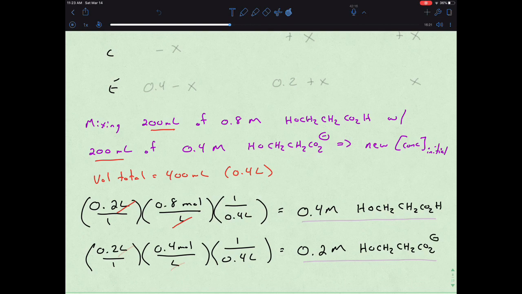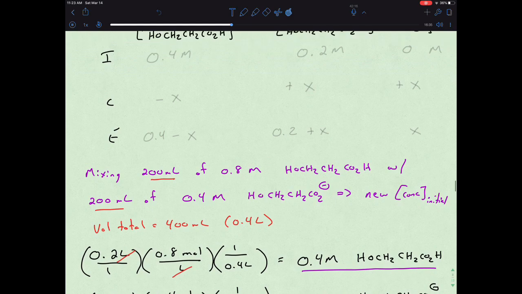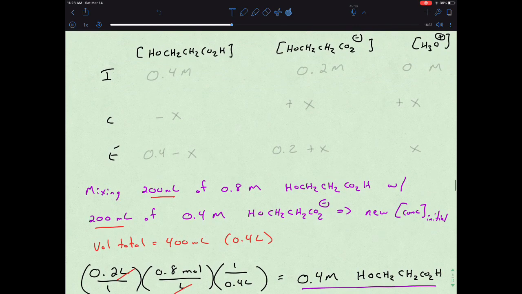So that's the quick dimensional analysis to get us the new concentrations, and it's these new concentrations that we plug into our ice table above. We have 0.4 molar for the glycolic acid and 0.2 molar for the glycolate.